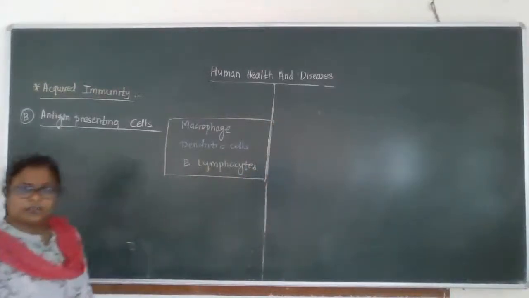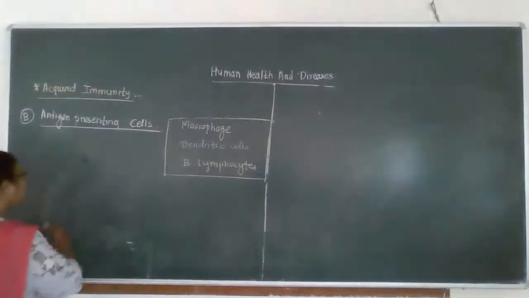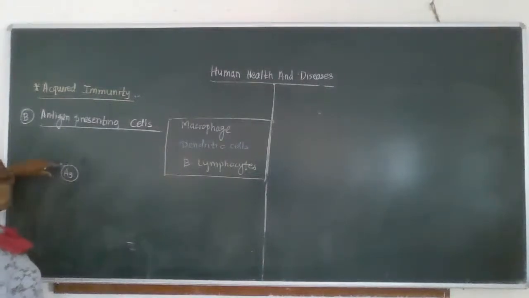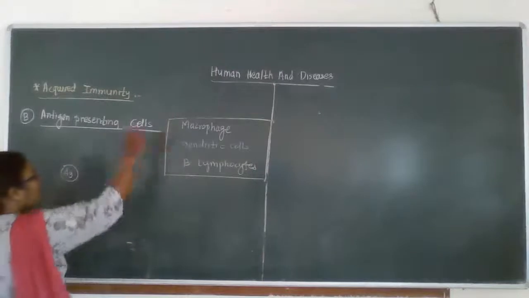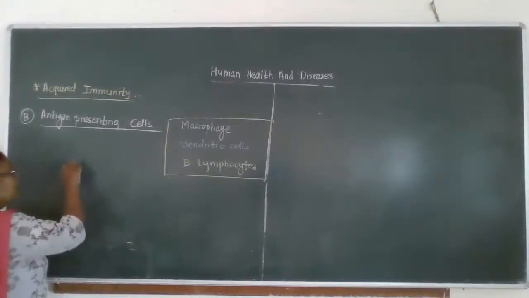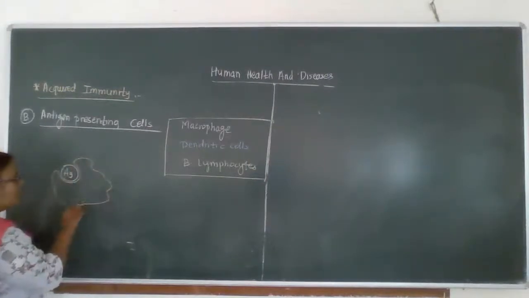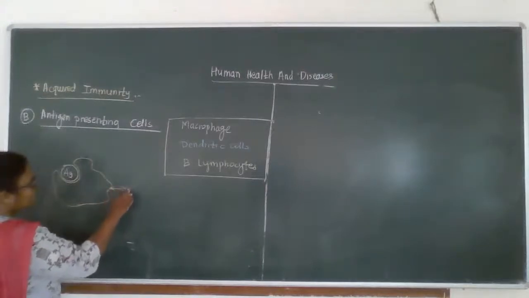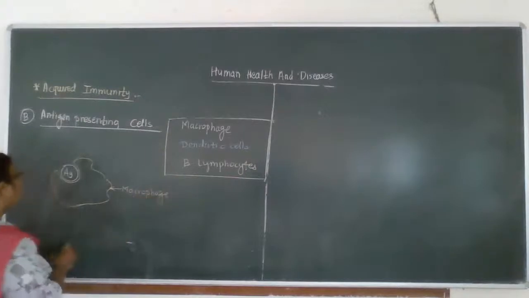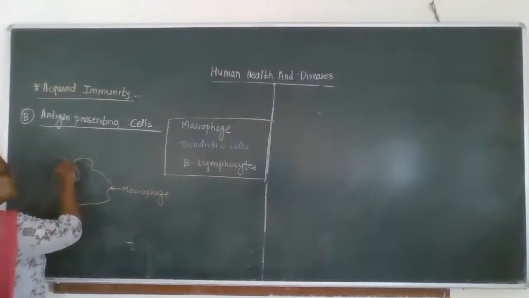So how do the antigen presenting cells work? When any antigen invades our body, at that time the macrophage shows cell mediated immunity. They go to that antigen. Suppose this is our macrophage cell. This macrophage cell takes the antigen inside by phagocytosis.